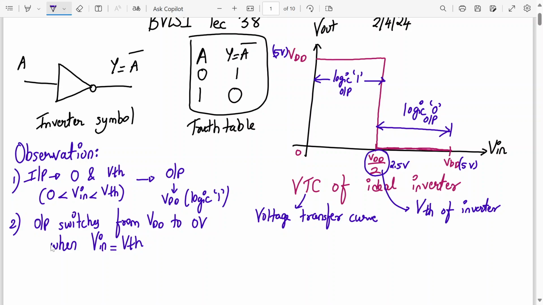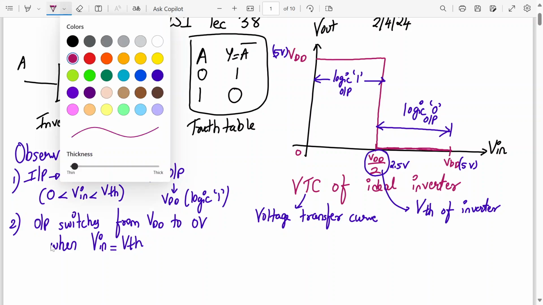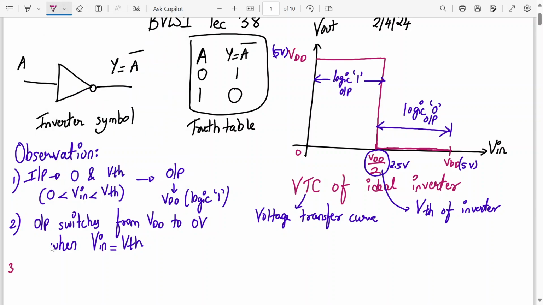Alright. Third observation is, for any input between VTH and VDD, that means Vin is greater than VTH and less than VDD, what should happen at the output?